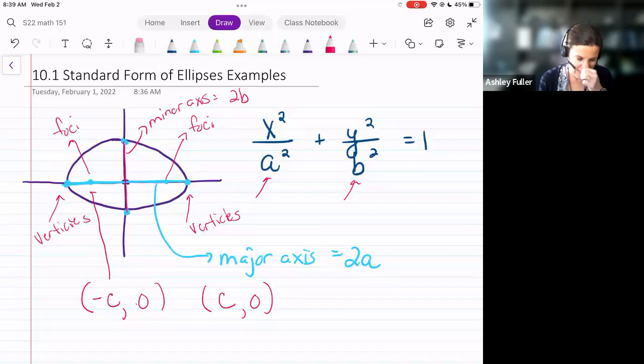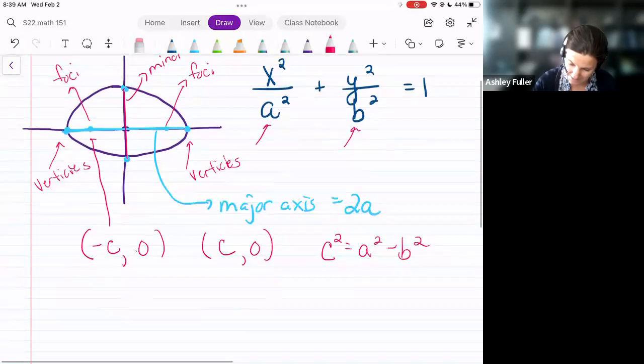And then there is a relationship between a, b, and c. That relationship is that c squared is equal to a squared minus b squared. So c is equal to plus or minus the square root of a squared minus b squared.